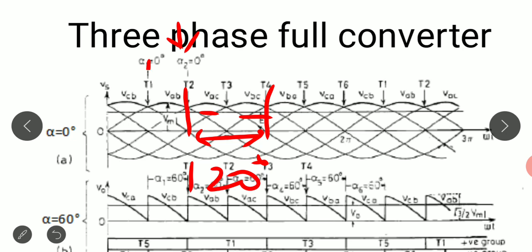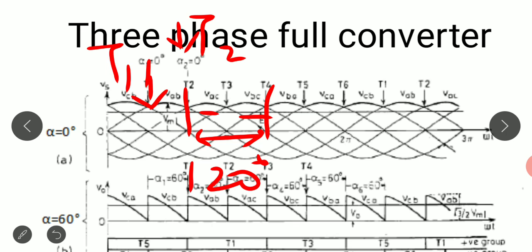Just now we have seen that thyristor T1 can be triggered here. This is firing instant of thyristor T1 if alpha is kept equal to 0 degree, and this is the instant where thyristor T2 can be triggered. Similarly, we can see for T3, and we will stop at T3.